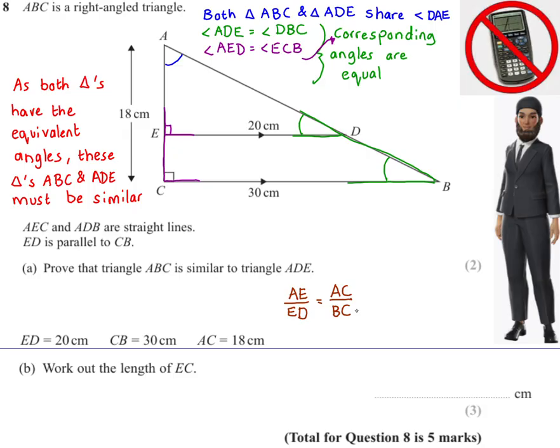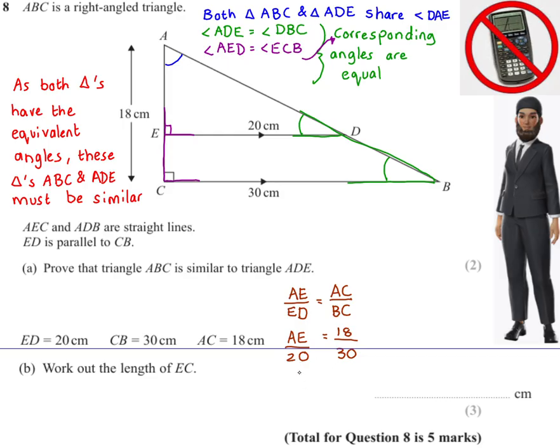So let's fill in the numbers over there. AE, that's what we're looking for. AE is equal to, what's the length of ED? ED is 20. AC is equal to 18, and BC is equal to 30.